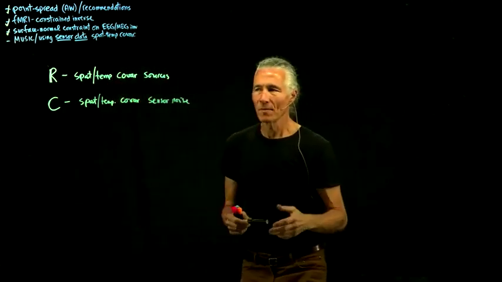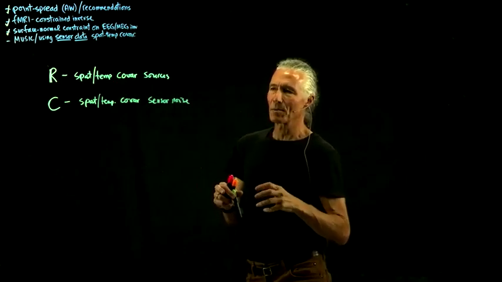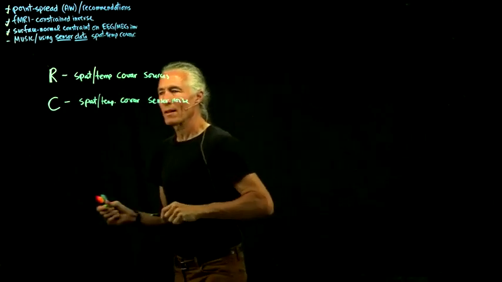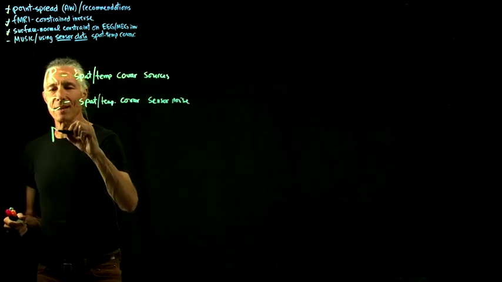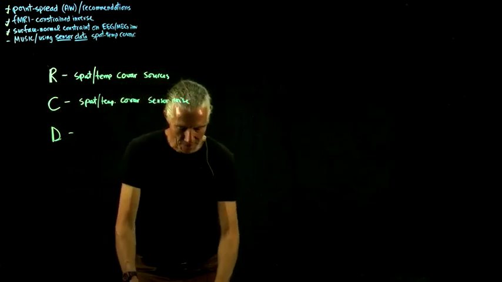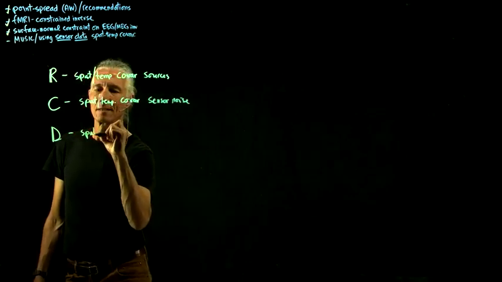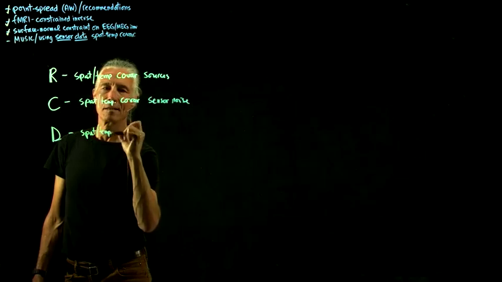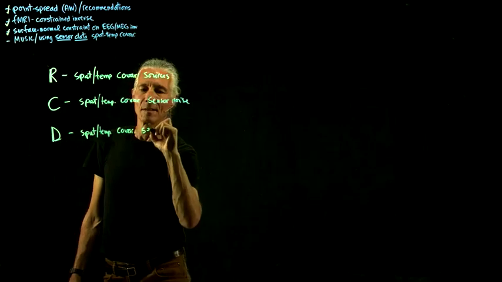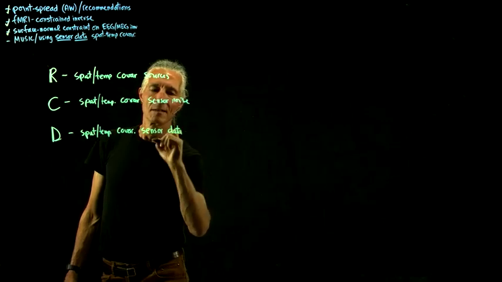We could put a gelatin head and see what the correlation between the noise in the different EEG electrodes or different MEG electrodes is. But there's another matrix D, which is the spatial temporal covariance of sensor data plus noise.